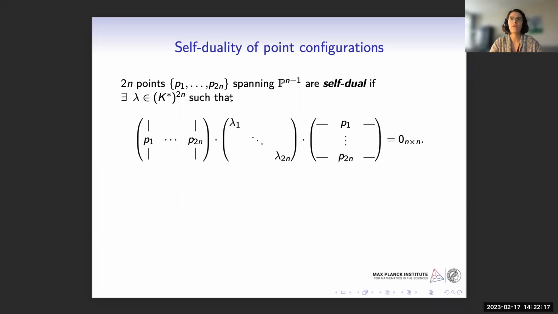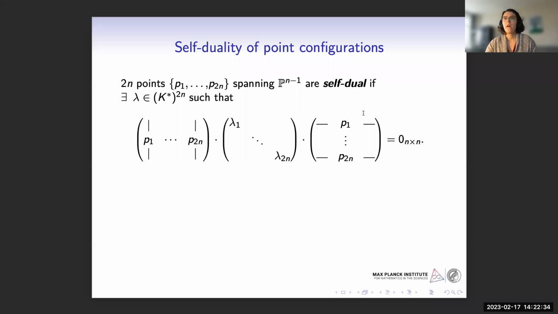So the matrix of points times this diagonal matrix filled with all non-zero diagonal entries, times the transpose of my points, gives me the zero matrix. Some of you, this might remind you of Gale duality, and this is exactly the correct notion.